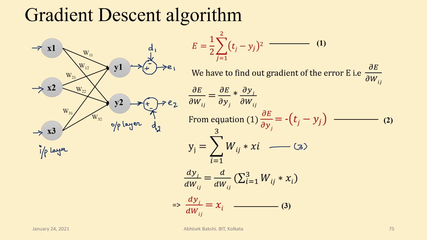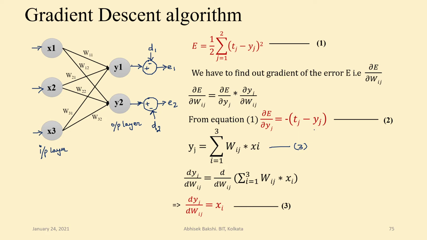So that means I can easily have a chain rule where I find the derivative of error with respect to yj, and then yj with respect to wij. If I do it this way, we will find this equation.